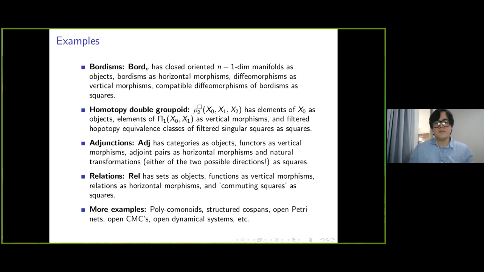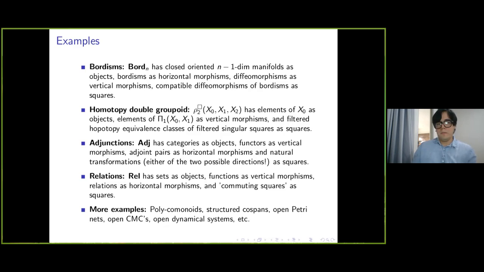An example of this is David Spivak's double category of polynomial comonoids, or small categories, by the Ahman-Uustalu theorem. So he does a lot of very great things with this double category. There's also John Baez's structured cospans, and Baez and Master's open Petri nets and open commutative monoidal categories.